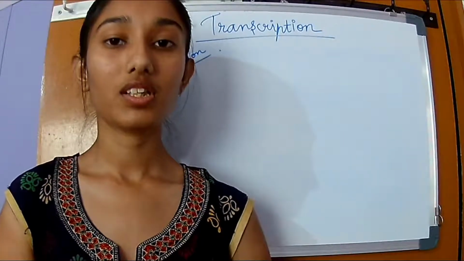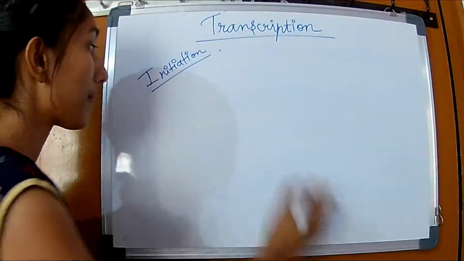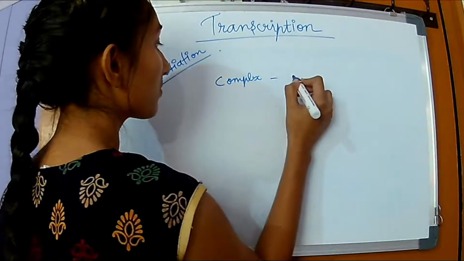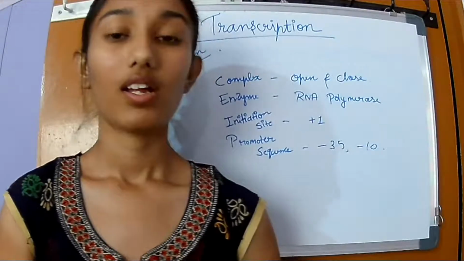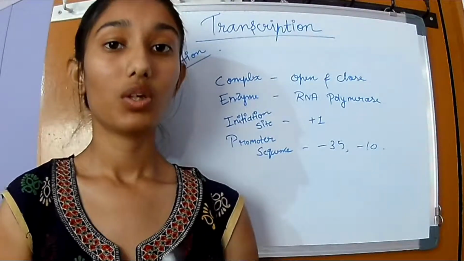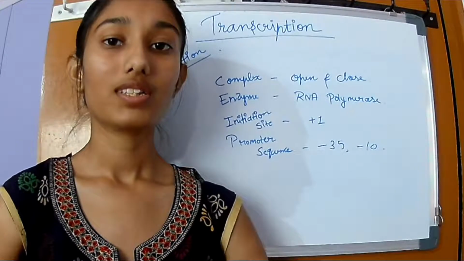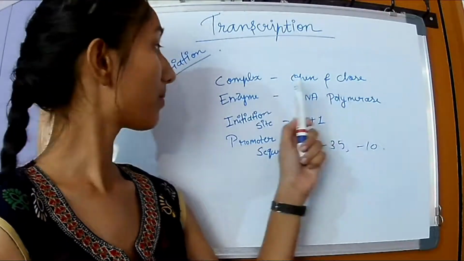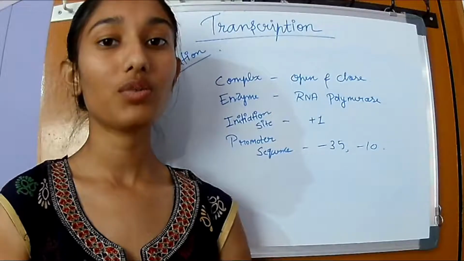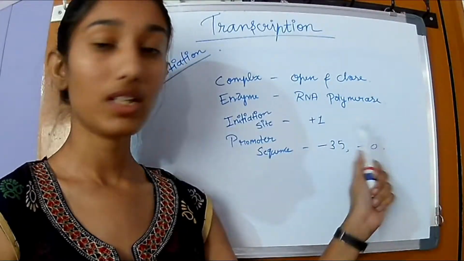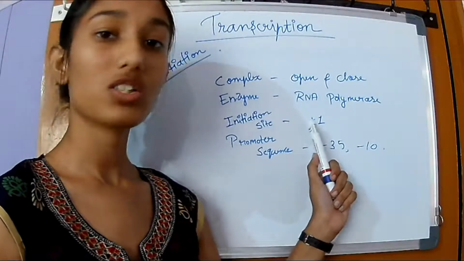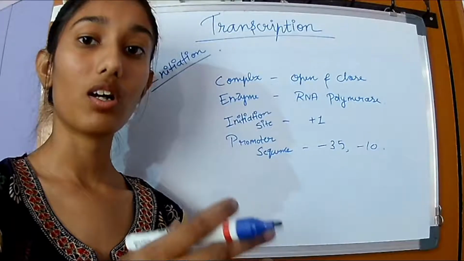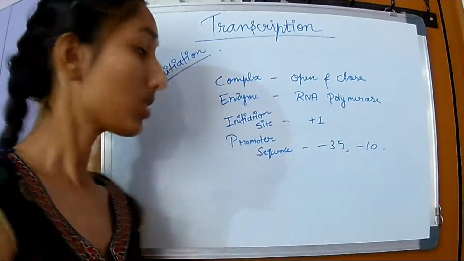There are some terms in initiation that I am going to tell you. These are the things you have to consider before starting the initiation process: closed complex, open complex, and the enzyme. The enzyme we use in this process is RNA polymerase, and this is the initiation site, or you can say the site from which we are going to start the process of transcription.